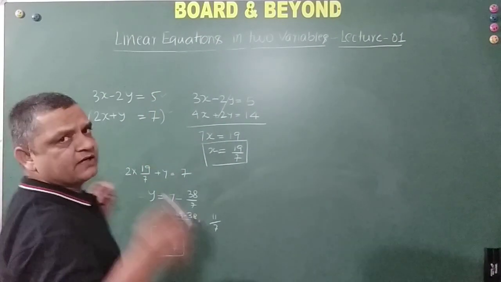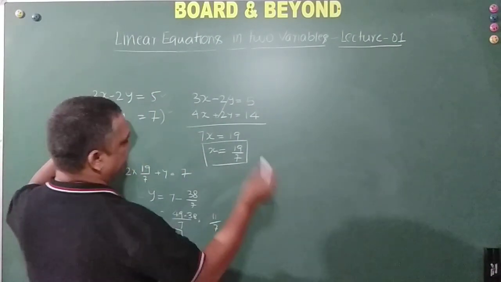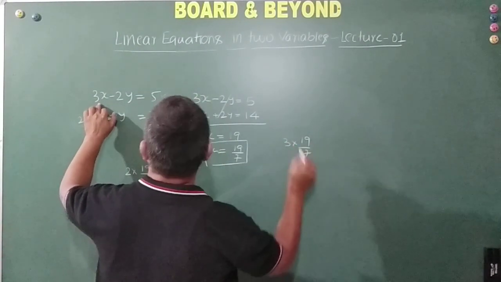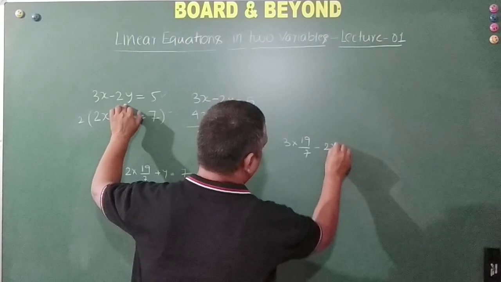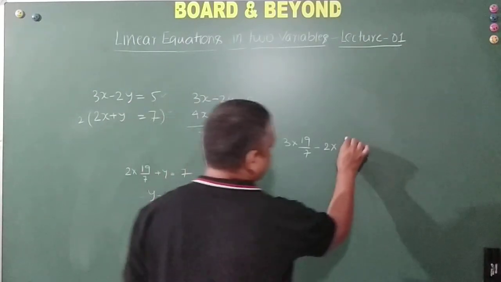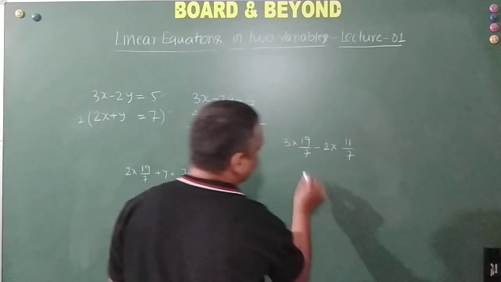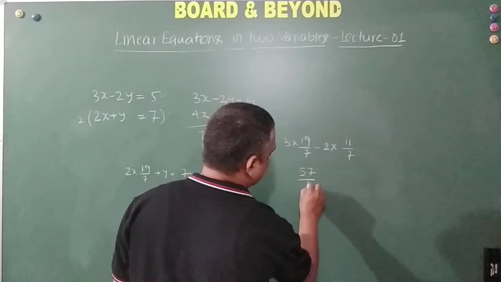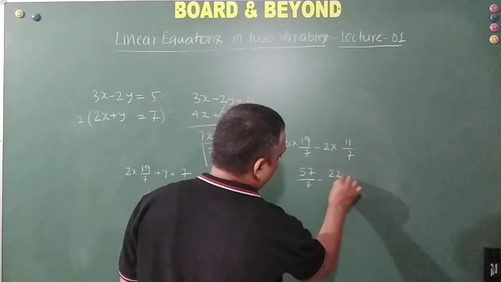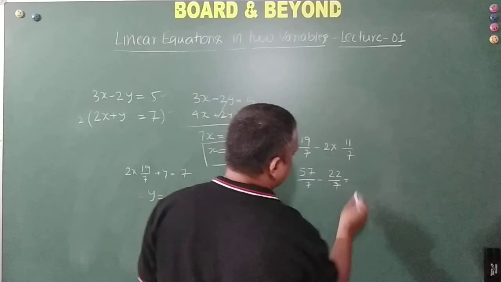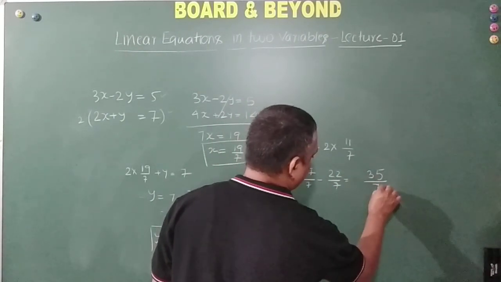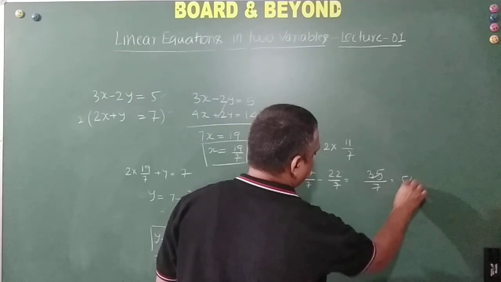We can actually check with one of them. So 3x, so 3 into 19 by 7, minus 2 into y, which is nothing but 11 by 7. Let us try to solve it, my friends. This is 57 by 7 minus 22 by 7 is equal to 5 here and 3 here. 35 by 7 is equal to 5.